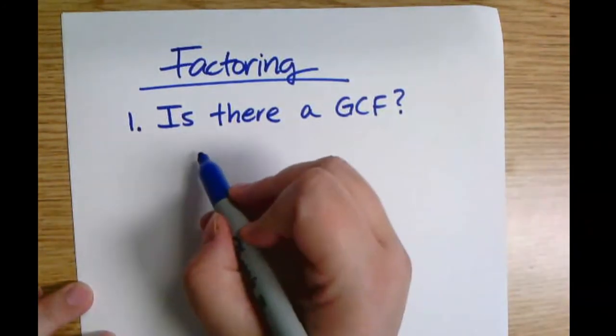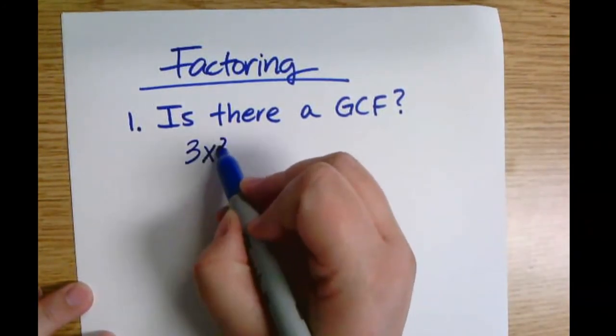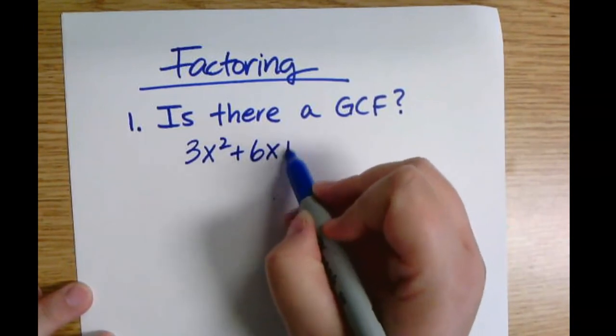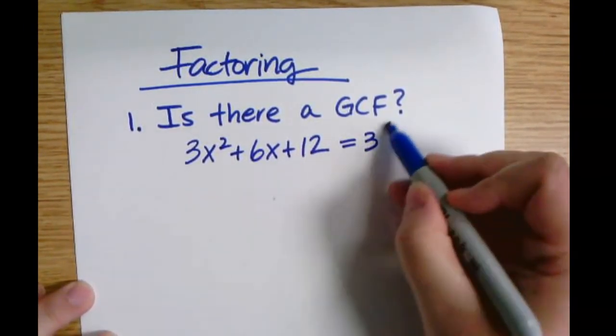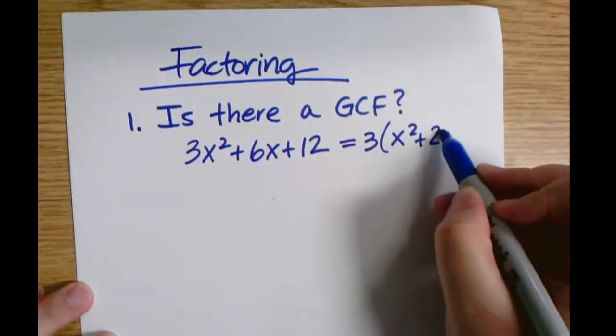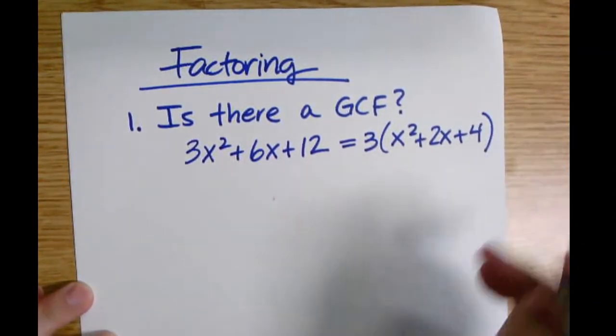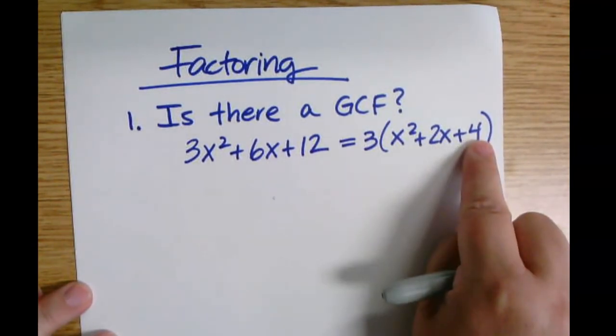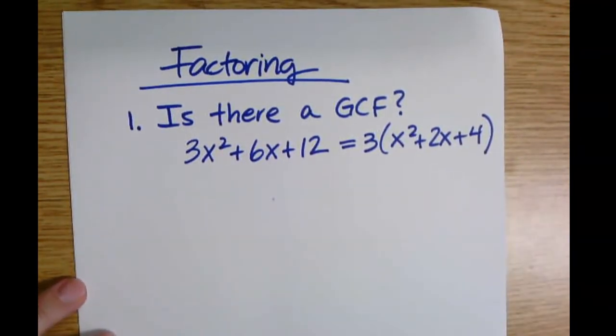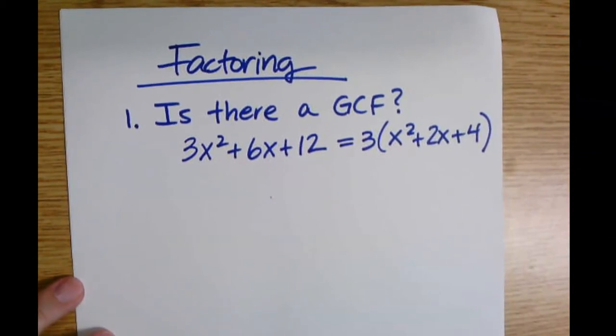In other words, if I have 3x squared plus 6x plus 12, then take out that 3. Then you can see about factoring what's left inside the parentheses. But if there's a GCF, first things first, take that out. Sometimes that's as much factoring as you can do, and that counts as factoring. So you would stop there.